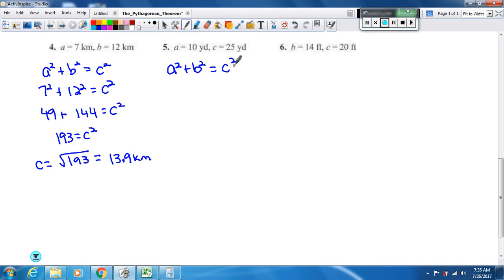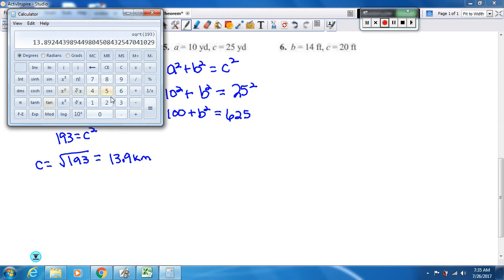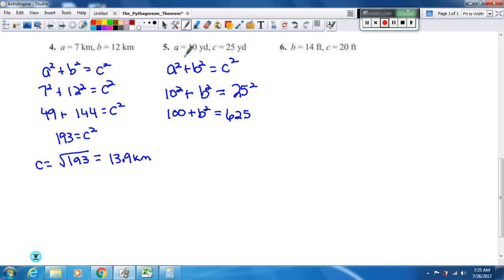Number 5, A squared plus B squared equals C squared. A is 10. 10 squared plus, they don't give you B, so we leave it alone. C squared is 25. 10 times 10 is 100. Plus B squared equals 25 times 25 is 625. Let me check that just to make absolutely sure. Yes, it is. Just didn't trust myself for a second there.